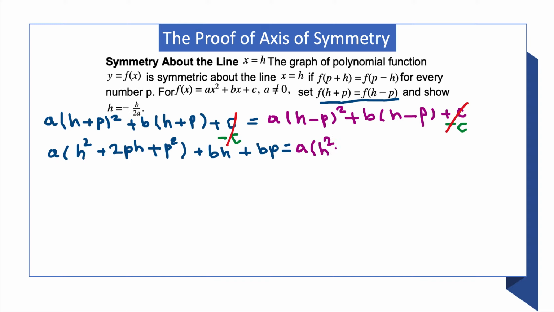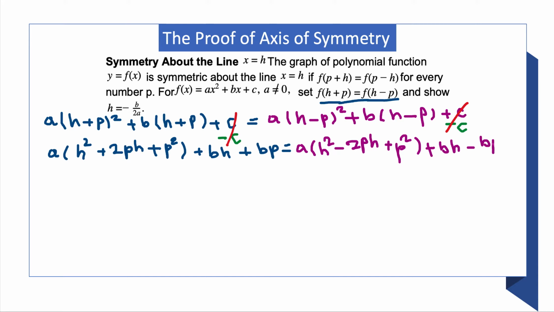So I'm taking a little bit of a shortcut, minus 2ph, so I'm writing it the same way as the other side, and plus p squared. And on the other side, I am going to distribute b in h minus p, and it's going to be plus bh and minus bp.